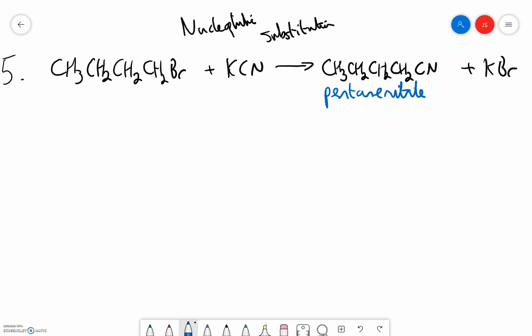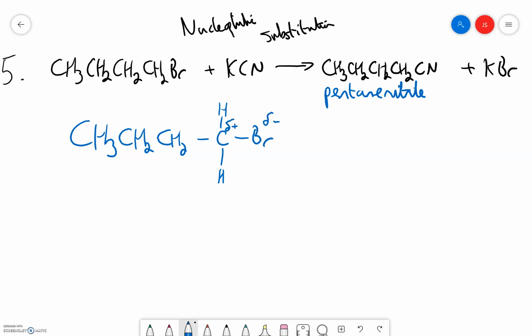So the mechanism there is my 1-bromobutane. In fact, no, I will show charges this time. So bromine is more electronegative, therefore has a partial negative charge. The cyanide ion, which is our nucleophile.